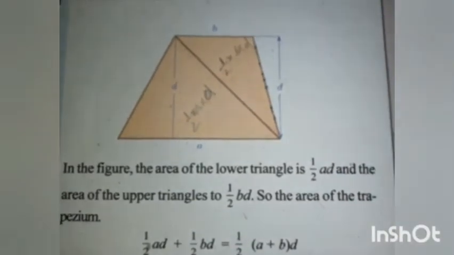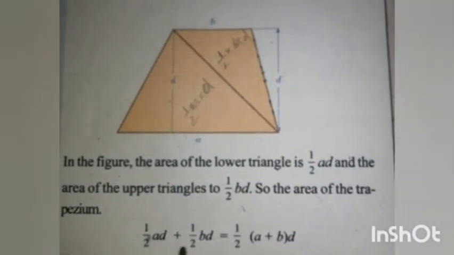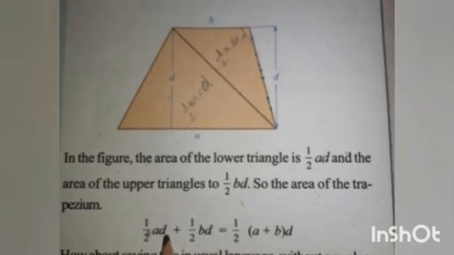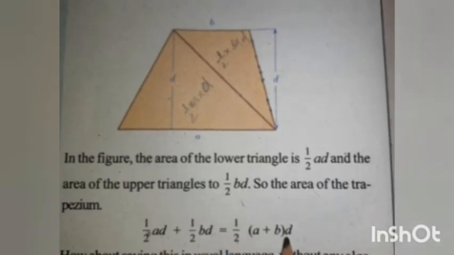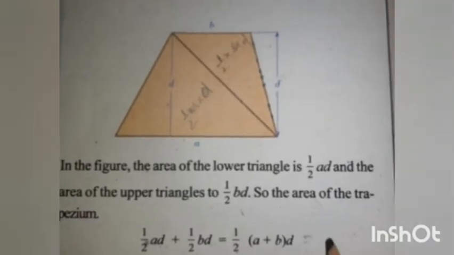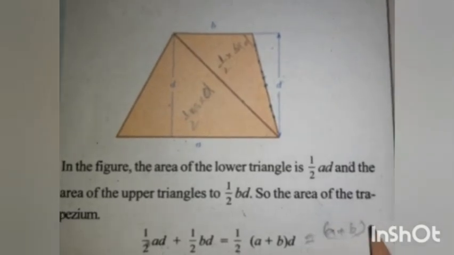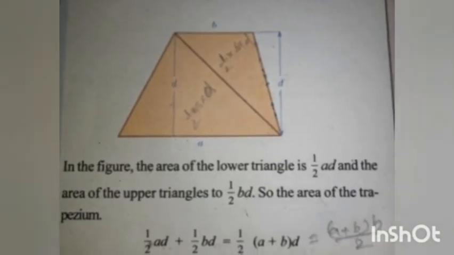Half into B into D. So writing half AD plus half BD. That's equal to half into D, which is common in both, into A plus B. This we can write as A plus B into H by 2 also.